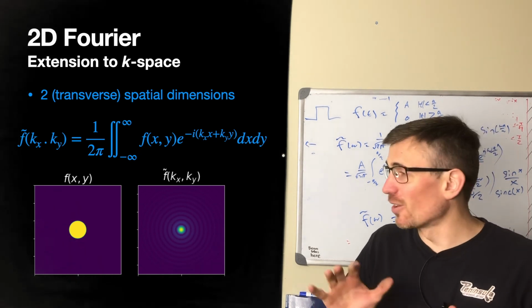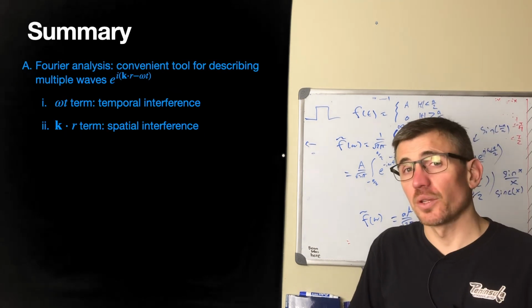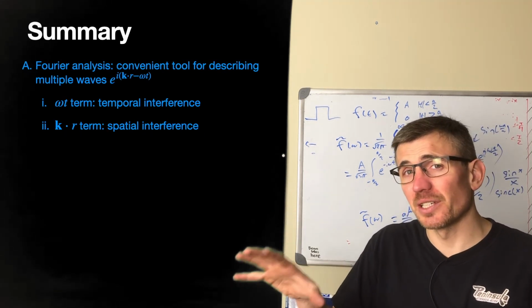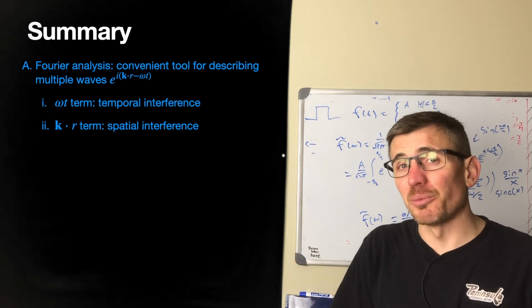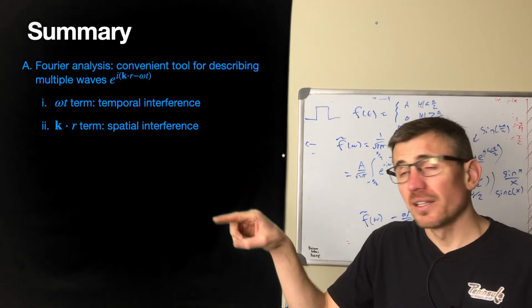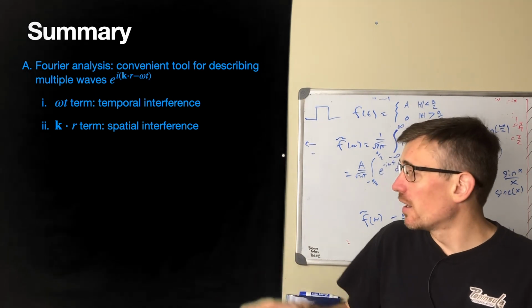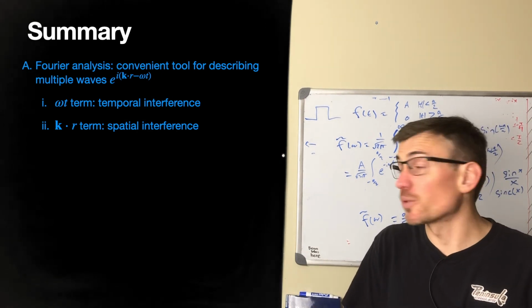Let's summarize. This is a lot of material today, as usual, it turns out. Let's summarize what we learned. The first part of the course was about single frequencies, single plane waves. Now we're going to add up multiple plane waves, and the language to add up multiple plane waves is Fourier analysis. For things that are periodic, we can represent signals, for example, in time as discrete sums of sines and cosines or complex exponentials.